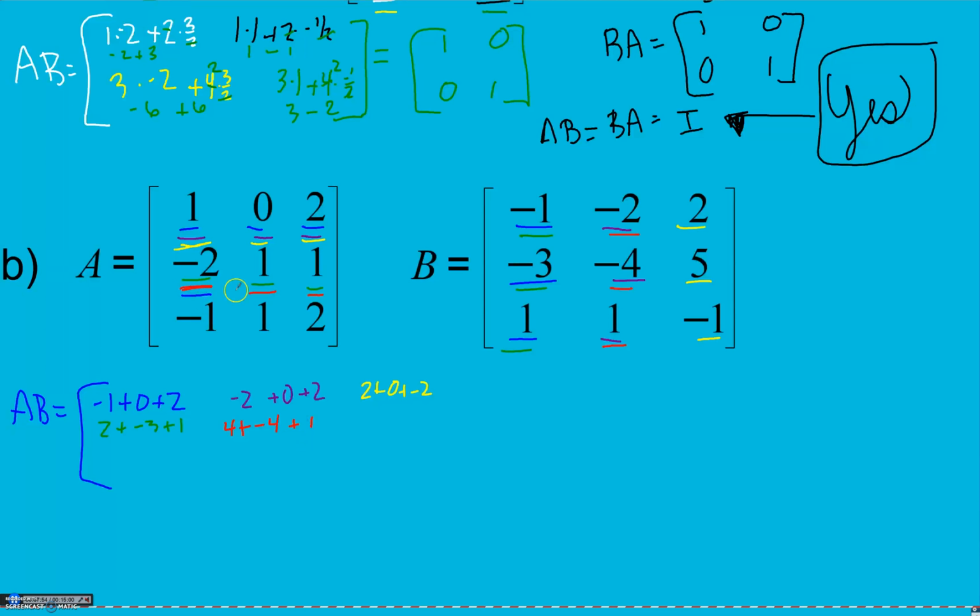Negative 2 times 2, 1 times 5, and 1 times negative 1.